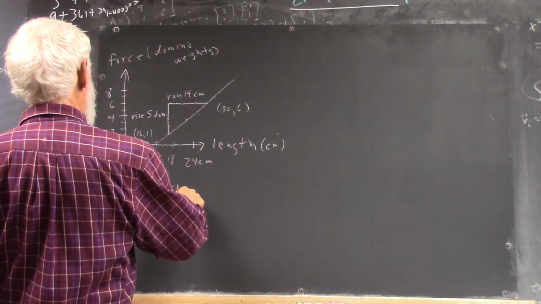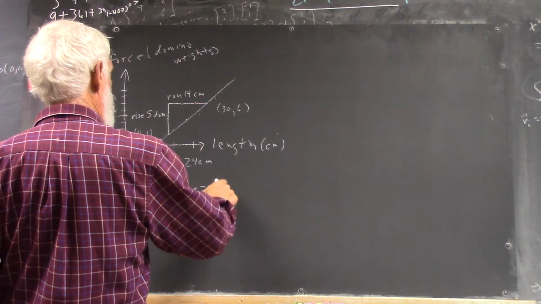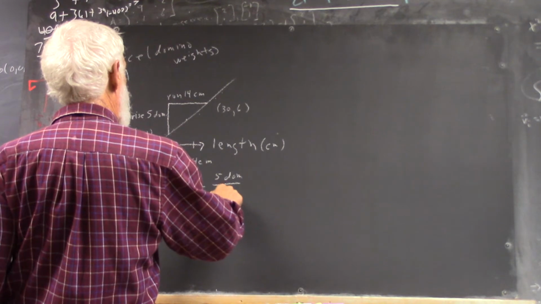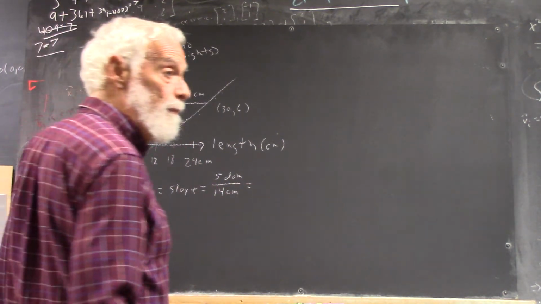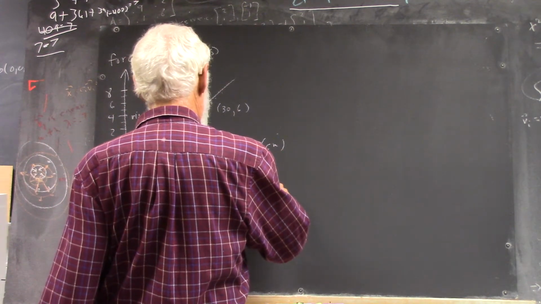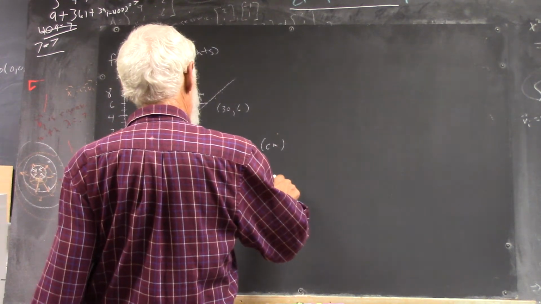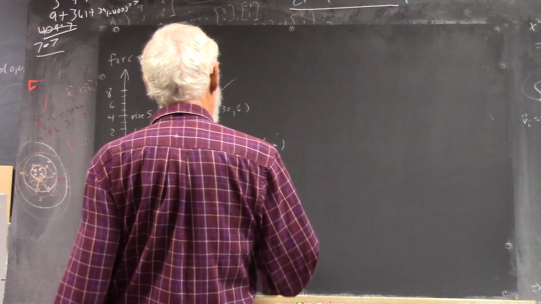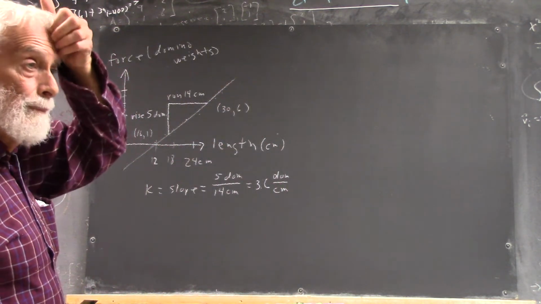So the slope is 5 dominoes over 14 centimeters, which is about 3.6 or 7, 8 fourteenths. Dominoes per centimeter. Okay?